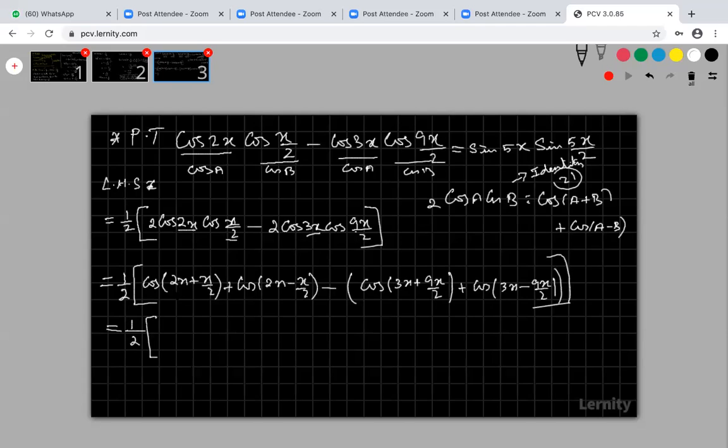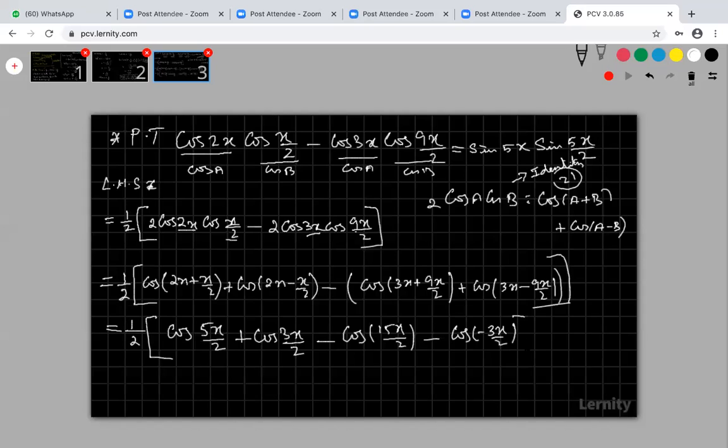Now simplify: 2 into 2, 4, 4x plus x is cos of 5x/2, plus 4 minus 1 is cos of 3x/2. Here 2 into 3, 6, 6 plus 9 is 15x/2, with the minus sign, cos of 15x/2. And here also, 6 minus 9, that is cos of minus 3x/2.